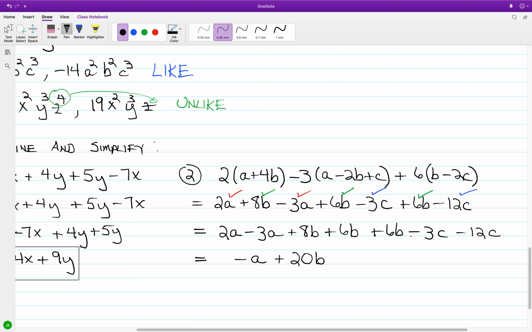And for negative 3c minus 12c, this will come out to negative 15c. Again, 2a minus 3a is negative a. 8b plus 6b comes out to 14b. Then adding another 6b, which I had originally overlooked, this comes out to 20b. And negative 3c and a negative 12c will combine to negative 15c.